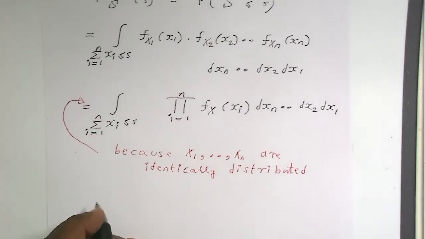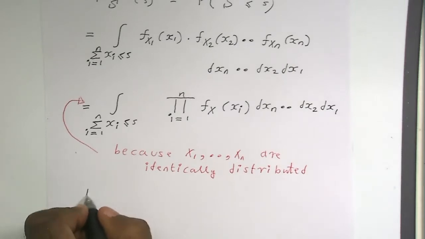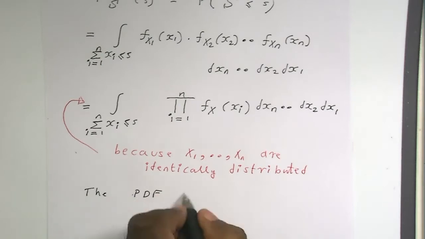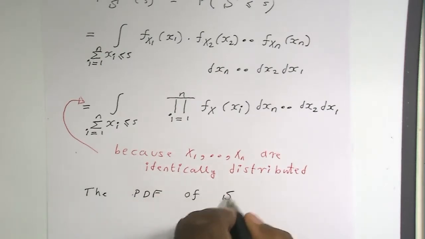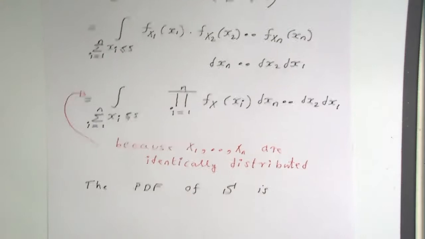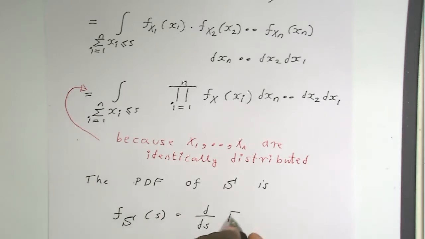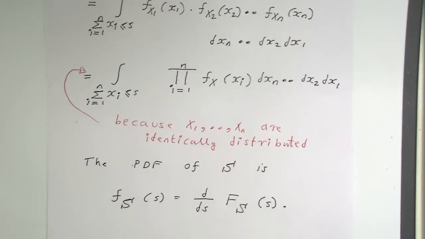And the PDF of S, which is written by this, is simply the derivative of the CDF of S. Obviously you know that.